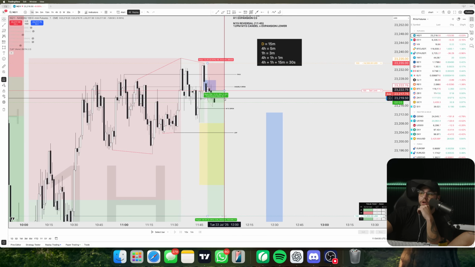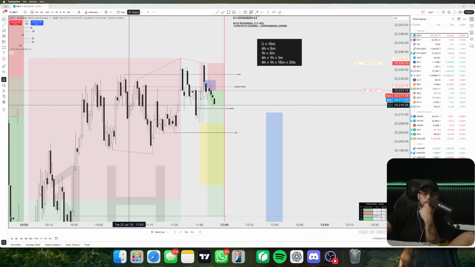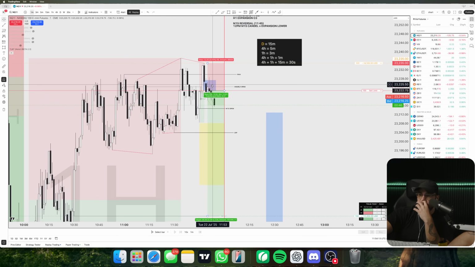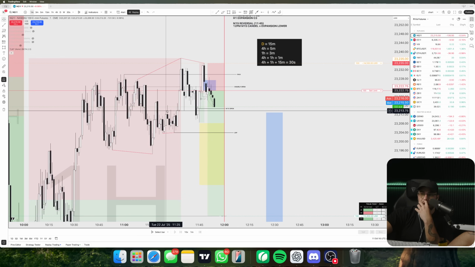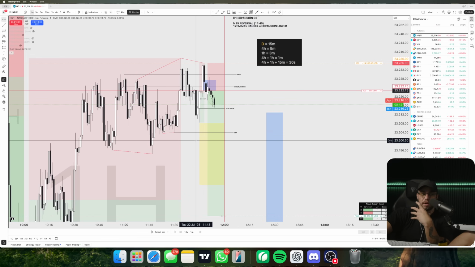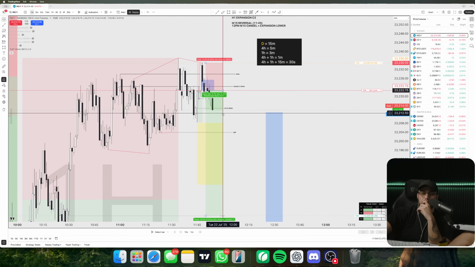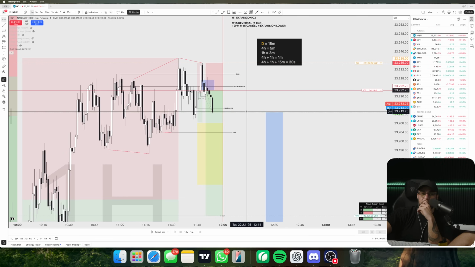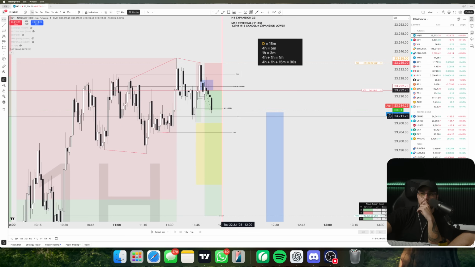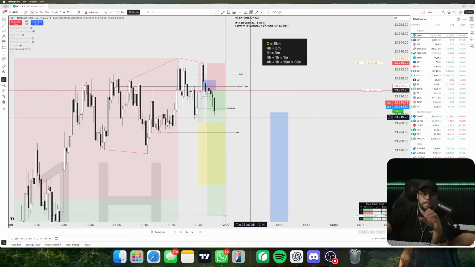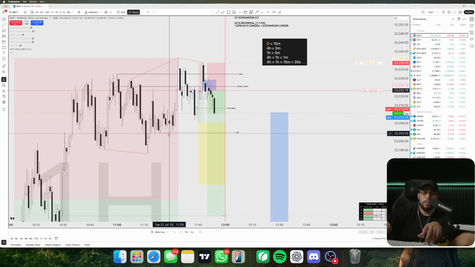At 12 o'clock, where does our break-even point become? Someone tell me. We're trading the 11 o'clock candle. At 12 o'clock, we can get our break-even point. Where can we get break-even? Previous hourly low, which would be what?